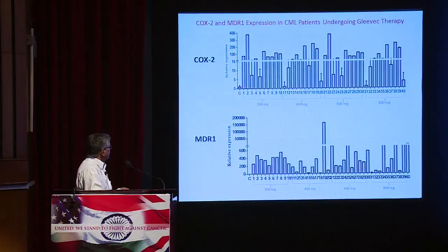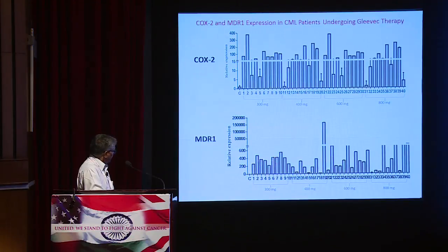And then what we have done is we have collected patients, those who were exposed to, treated with imatinib at different doses, 300, 400, 600, and 800. And these are the control levels of COX2 as well as MDR. As you can see, the expression of COX2 in all those who are undergoing chemotherapy is much higher.